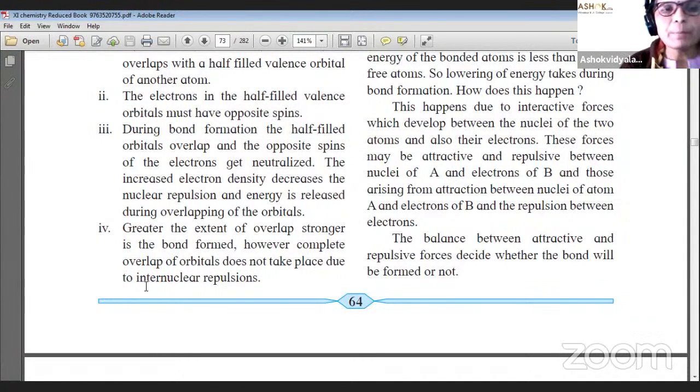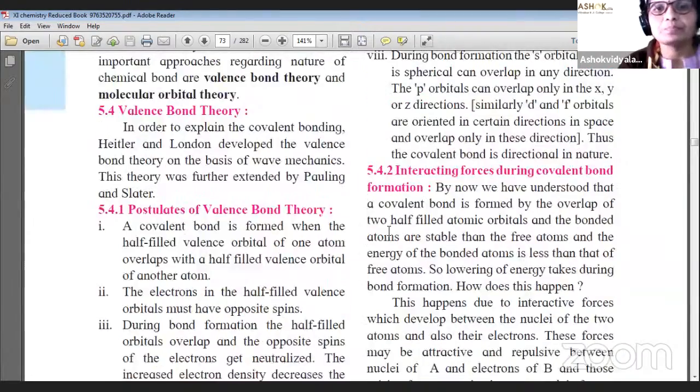However, the complete overlap of orbitals does not take place due to the internuclear repulsions. It is never possible that the complete orbitals overlap, and it is due to the internuclear repulsion.